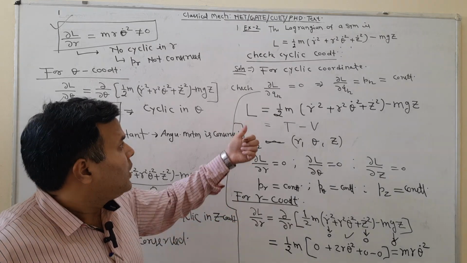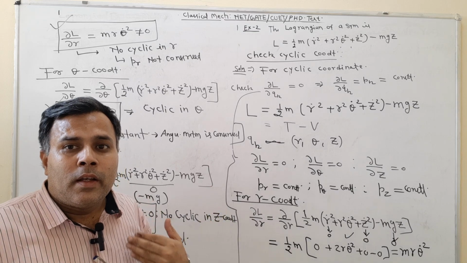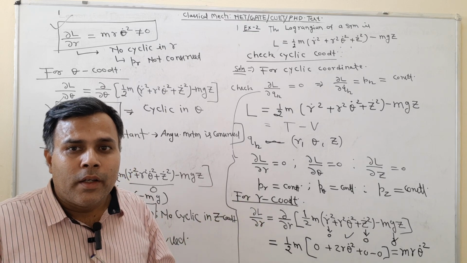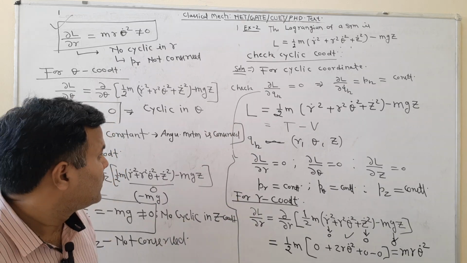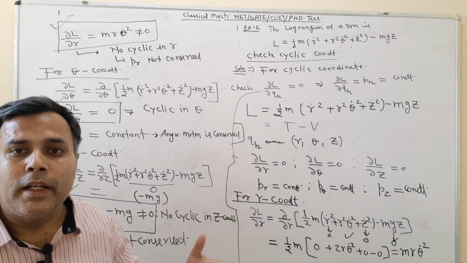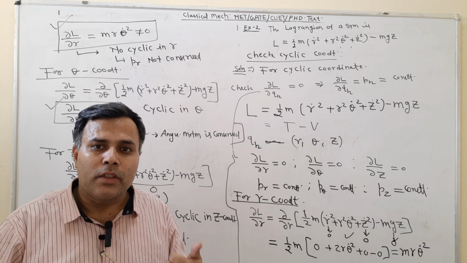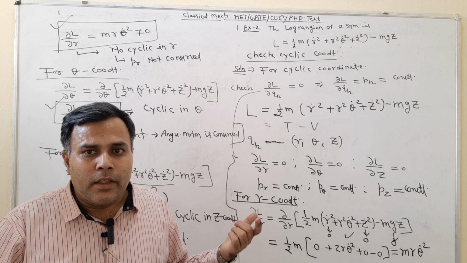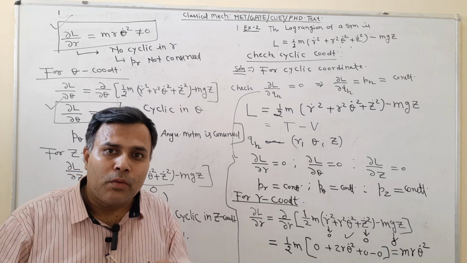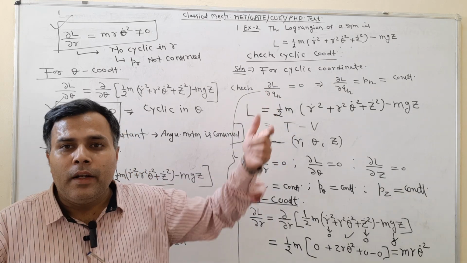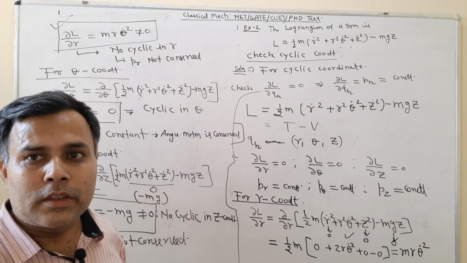It's all about the cyclic coordinate, which is simply del L upon del q_k is 0. If del L upon del q_k is 0, it means there is a cyclic coordinate in q_k. This q_k could be anything. In this case, our q_k is r, theta and z. So it's all about this example. Thank you.